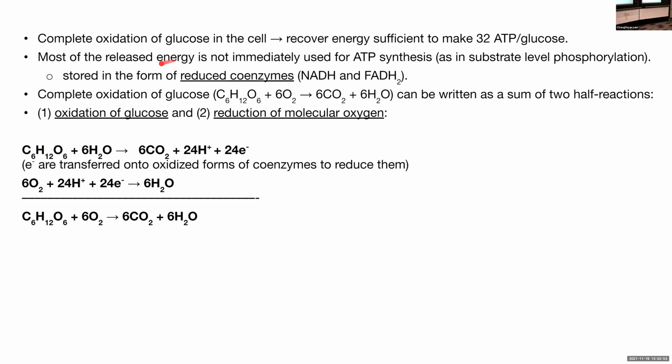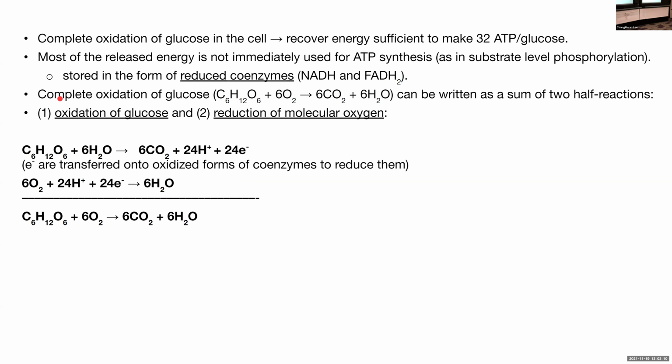They can be stored in the form of reduced coenzymes like NADH and FADH2, and can be used in other reactions, or just stay as they are until more energy is required.